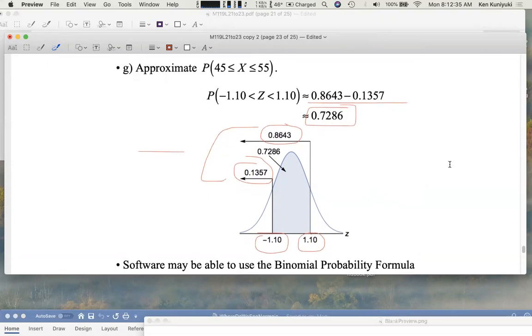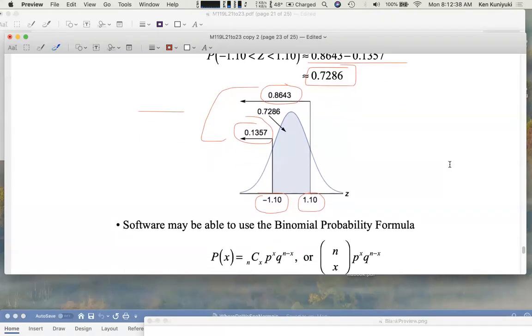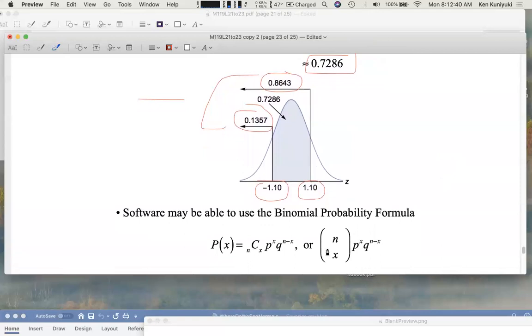Now, software can confirm this for us because software, like Excel, say, can apply this binomial probability formula. I hope this looks familiar from lesson 18. The binomial probability formula, which was optional. You didn't have to memorize it.